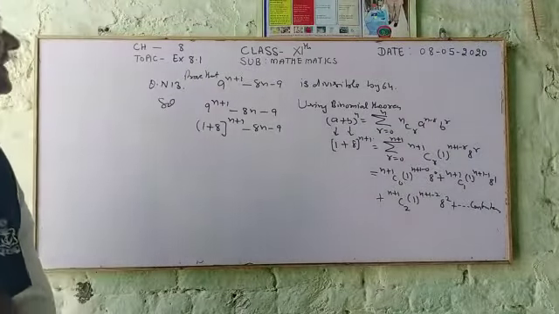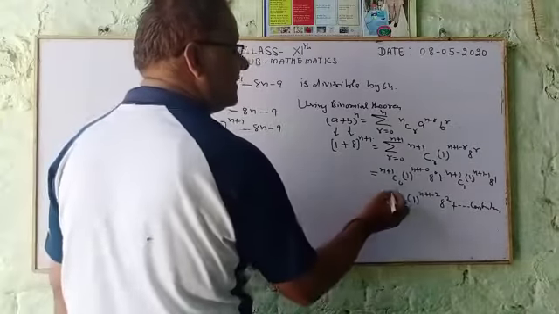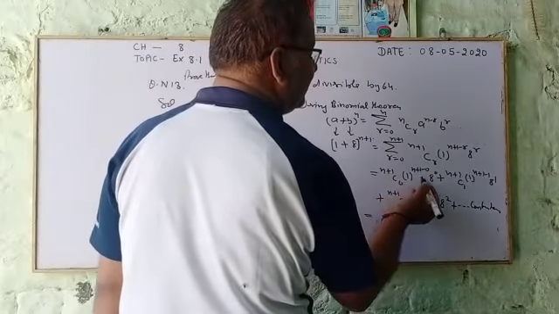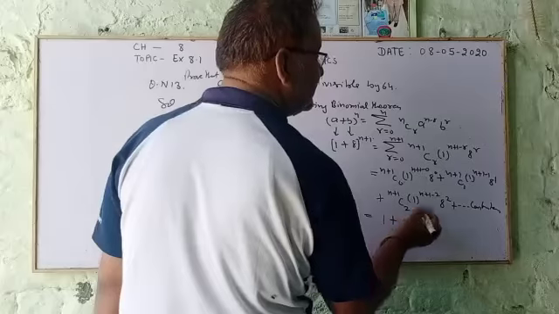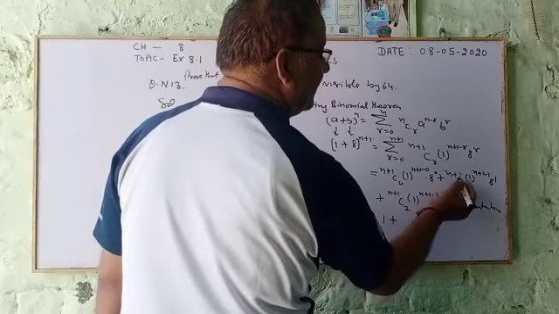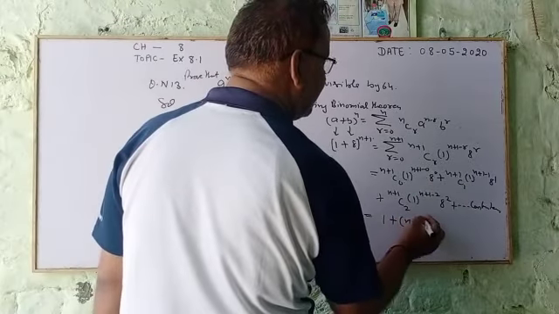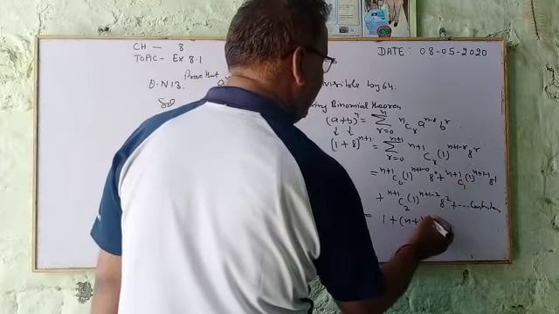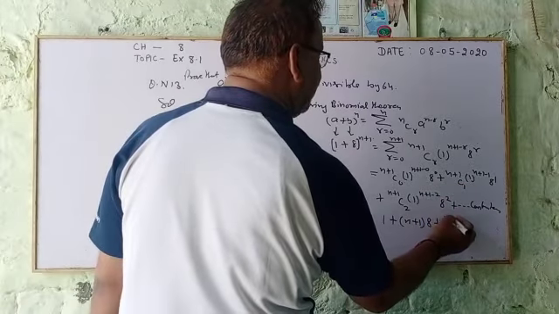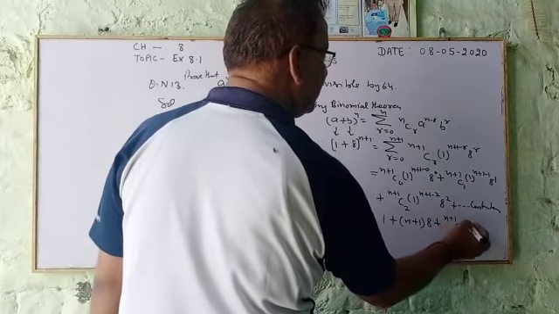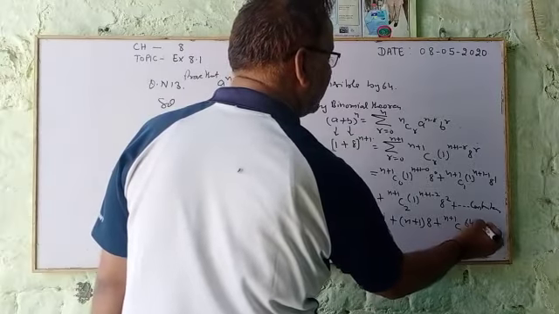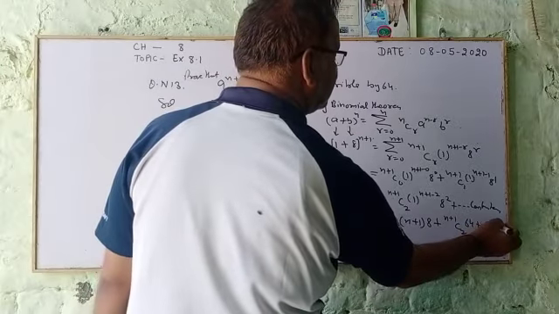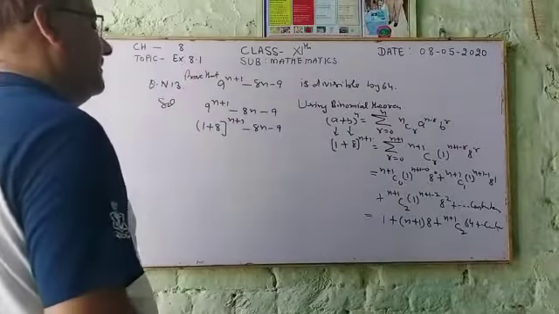So putting these values, we get 1, plus n plus 1 into 8, plus n plus 1 C2 into 64, plus terms containing powers of 8.